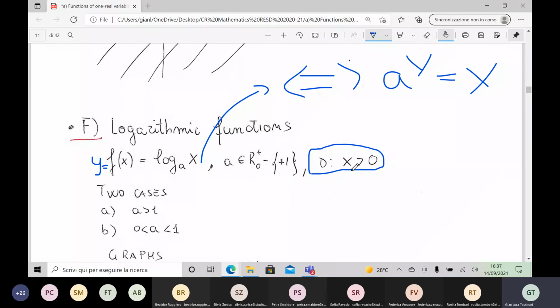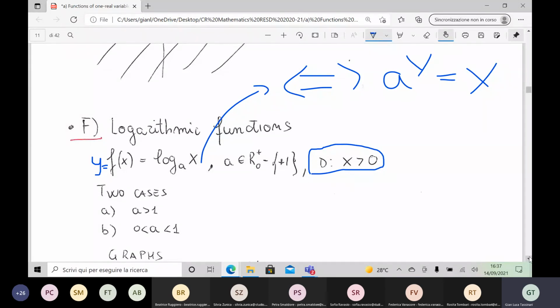And this comes exactly from this equivalent representation. Alternatively, you remember that the logarithm of a negative number does not exist, but the reason for which it doesn't exist comes from the definition, which is this one. A to the power y is strictly positive, is equal to x. And so the first hand side is positive, so the second hand side must also be strictly positive.